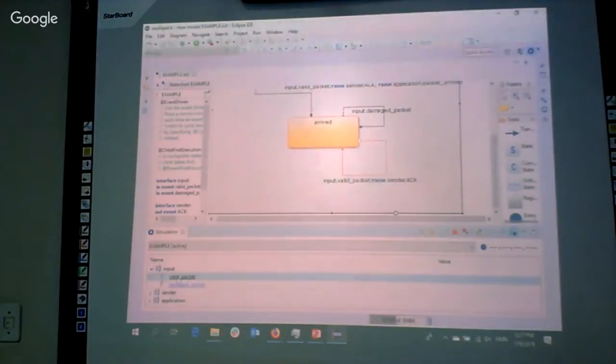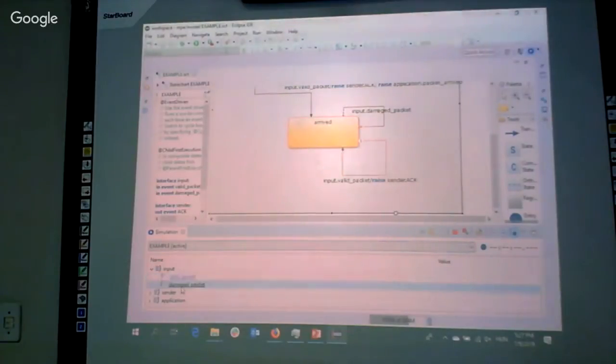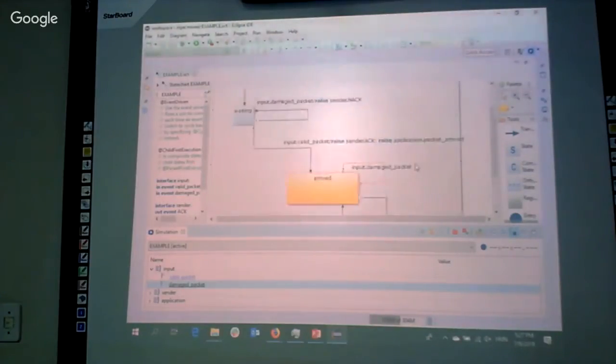For example, by sending a valid packet, we will raise a sender acknowledgement, or if we get an input damaged packet, we will do nothing. So it can also be used for simulation purposes.